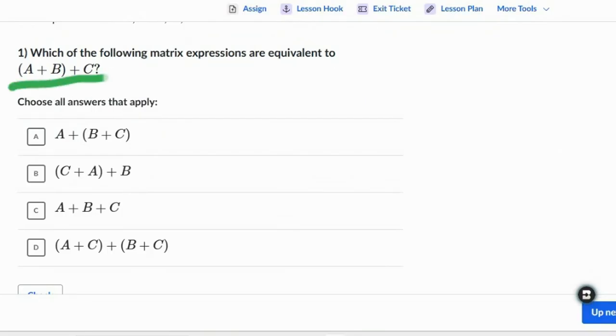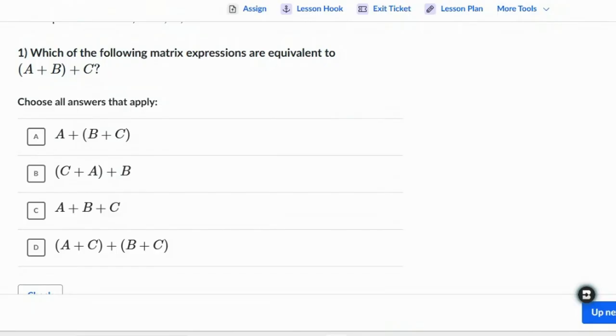Same as that. All right, let's see a couple of folks answering. And remember, basically what we've learned is whatever works with numbers also seems to be working with matrices.